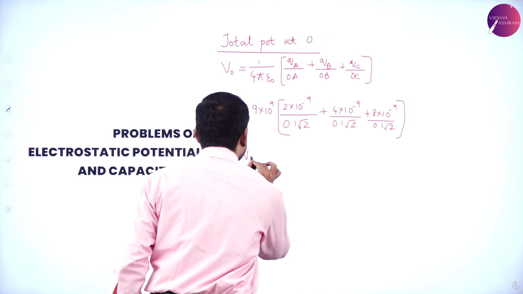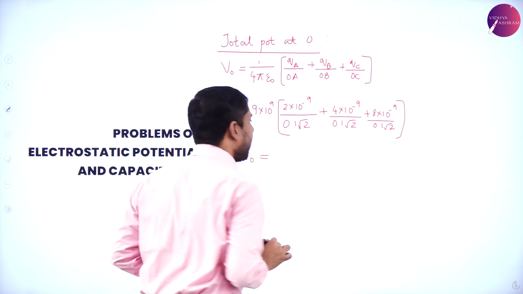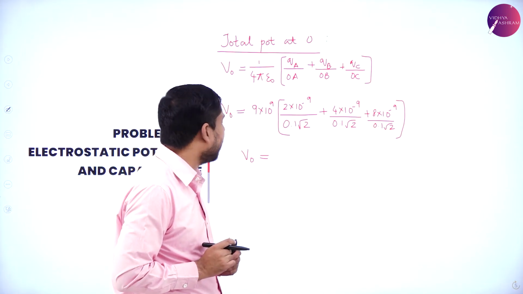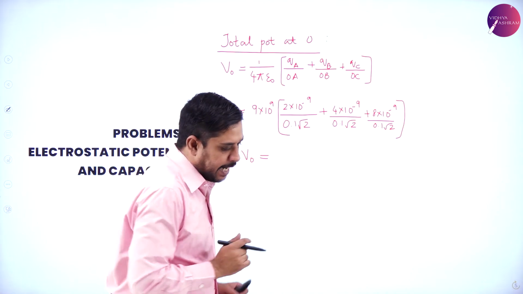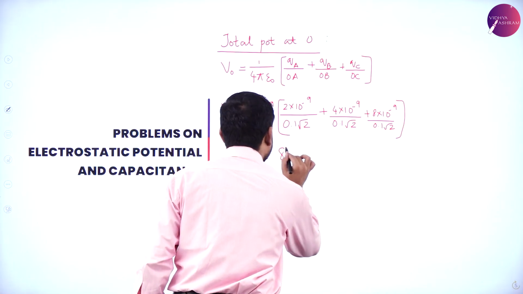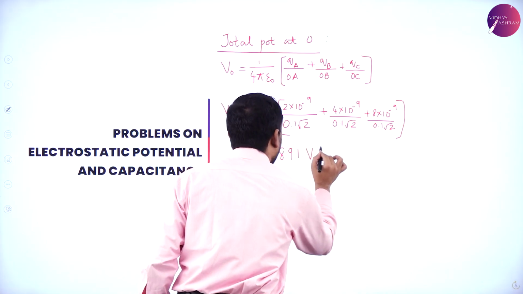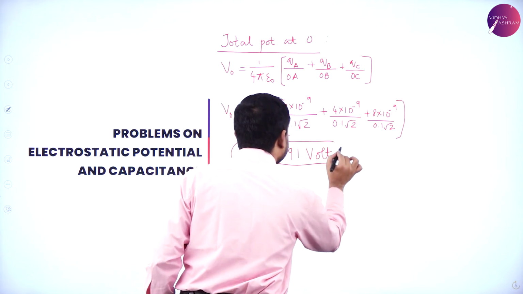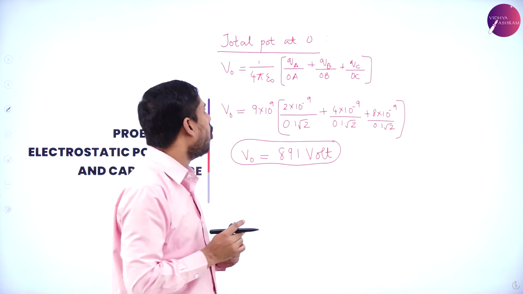So on substitution, V naught turns out to be 891.1 volts, or roughly 891 volts.